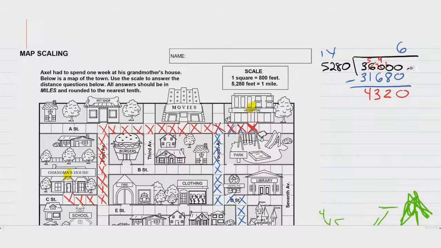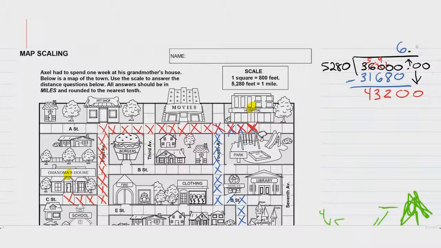We're going to need to add a decimal and then 2 zeros and bring the decimal straight up. We bring the 0 straight down and we add a 0 right there. Well, we have to ask ourselves, how many of these 5s would go into 43? 5 times 9 is 45, so it must be 8 because 5 times 8 is 40.